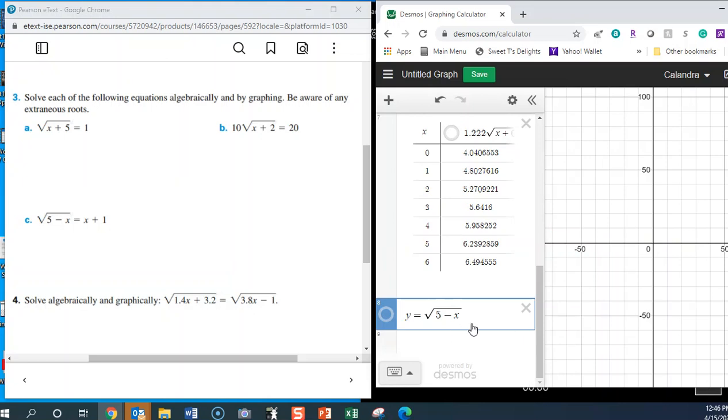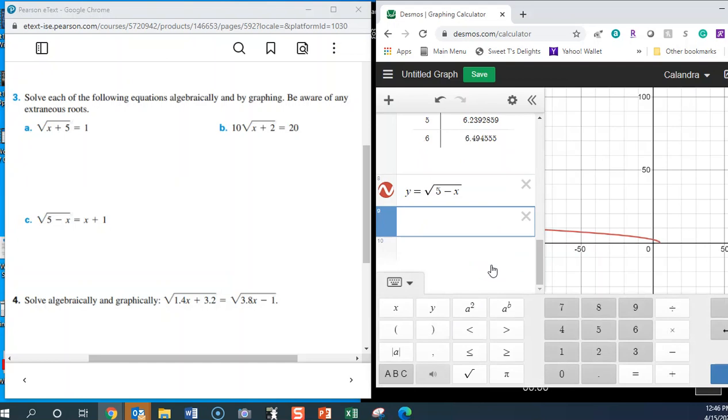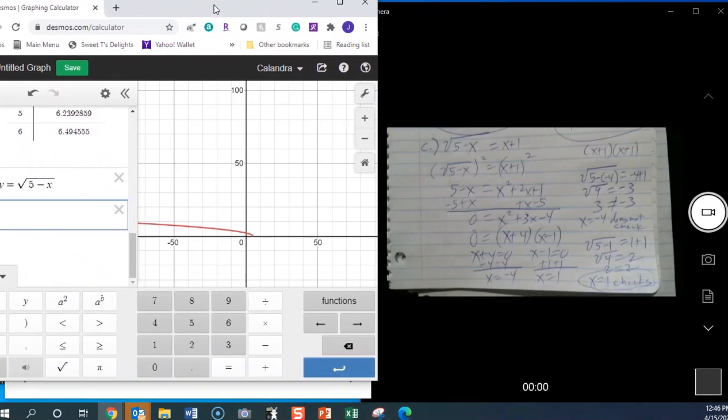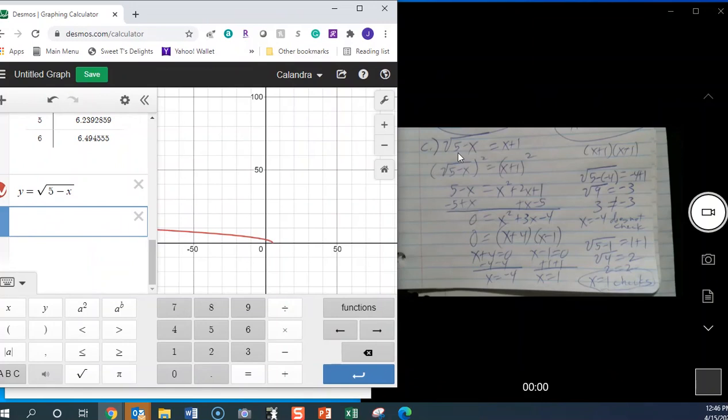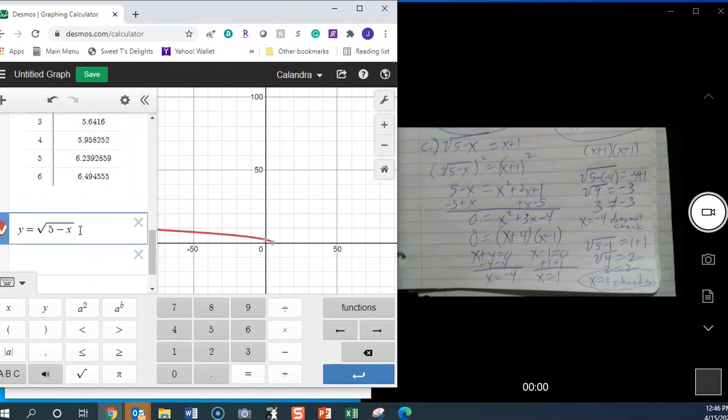Okay, so we want to see their intersection point. We'll set both sides of this initial equation equal to each other. So we will have y equals each separate side of the equation.